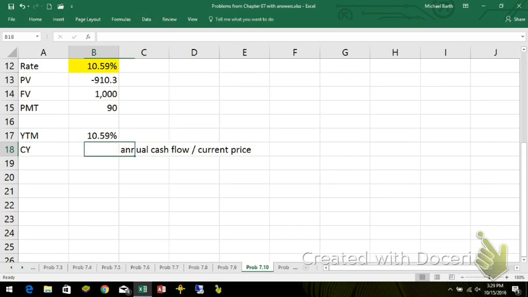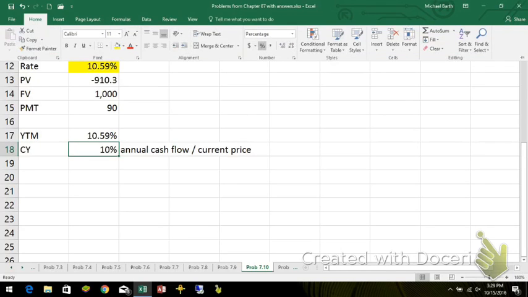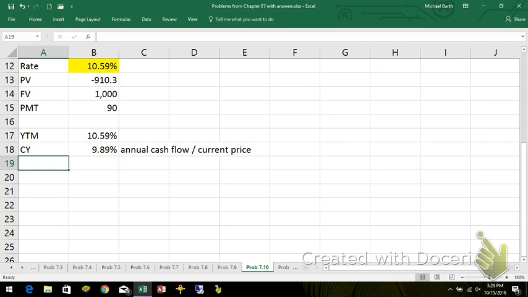So if the annual cash flow is $90 and the bond is selling for $910, then your current yield is 9.89%. The capital gains yield is the change in price. To get that, take the yield to maturity and subtract the current yield. So that's your capital gains yield.